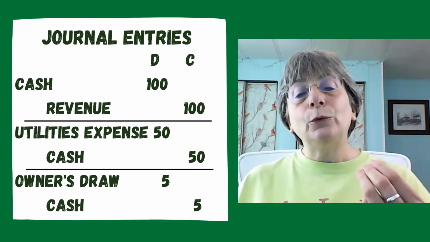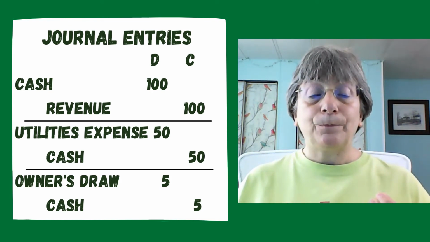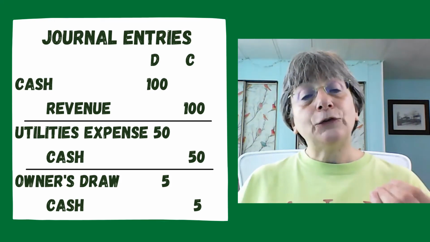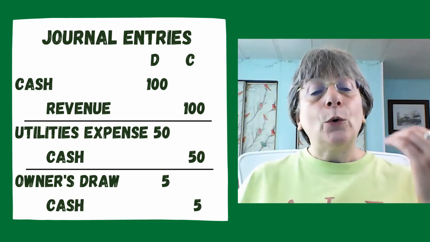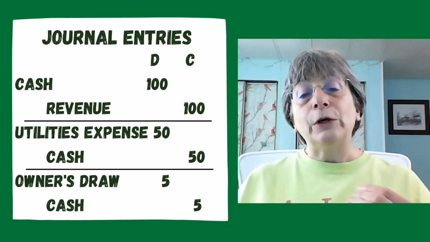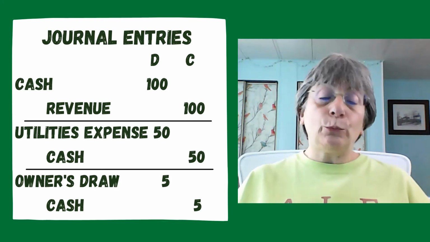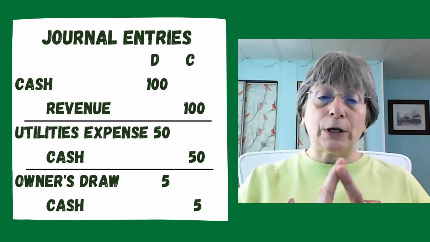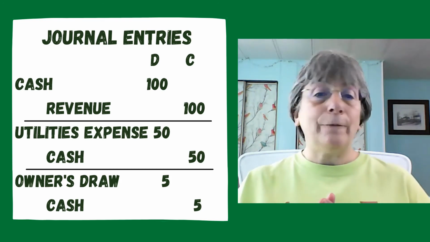And so we want to increase that account. We're going to debit it by $100. Revenue has a normal credit balance. Let's read ebooks. So revenue, we increase on the credit side. So what we've done here is we have increased our cash account and we have increased our revenue account. Stay with me. We have more to come.